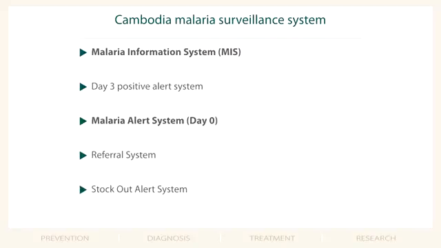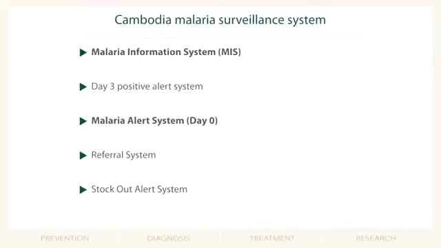One is the malaria information system, MIS, that stores all the data that involve malaria cases. And the second tool we call the DESRO positive alert system, which reports by SMS technology that uses FrontlineSMS software. It's open source.